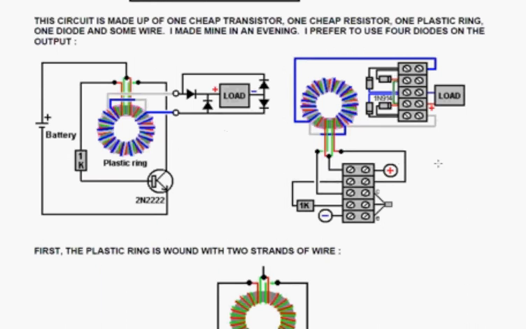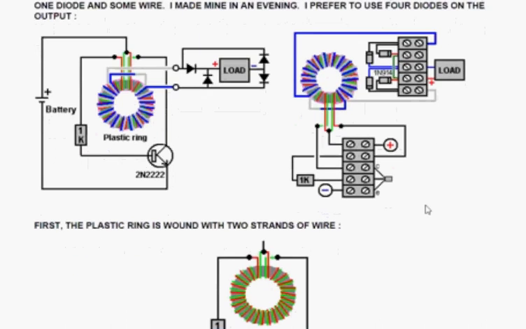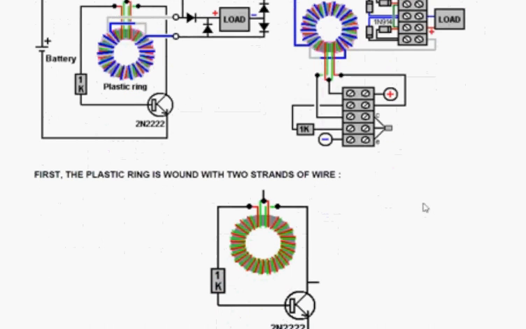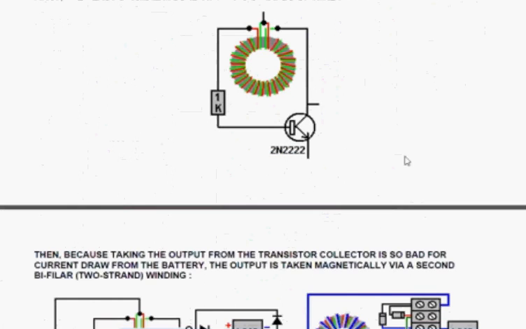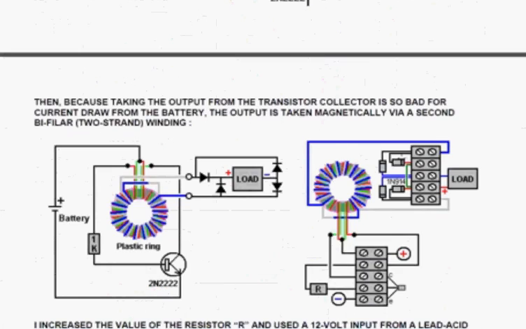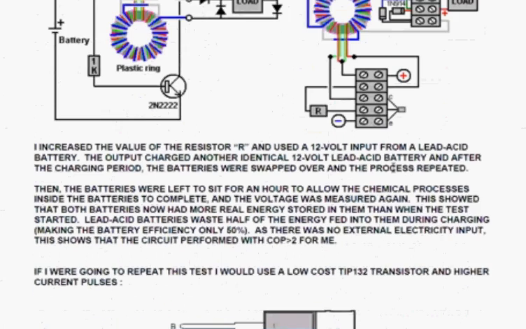I was using 1N4007 diodes because they're effective and very, very cheap. Now, that diode bridge worked quite nicely for me. This particular arrangement worked fine for me.